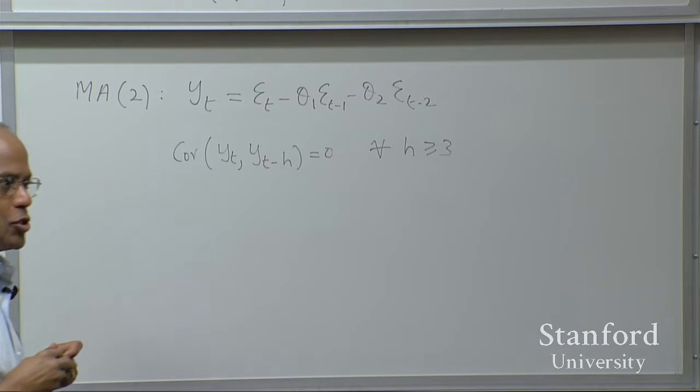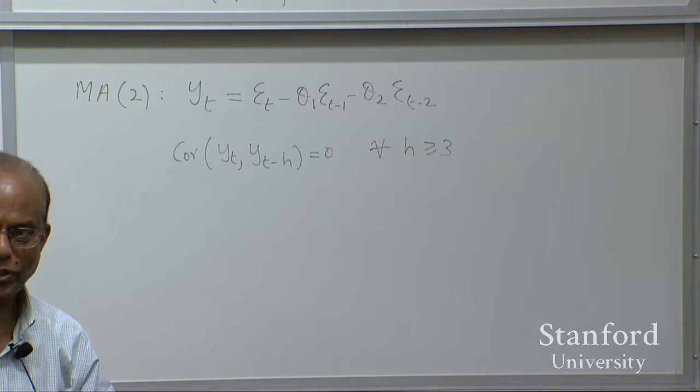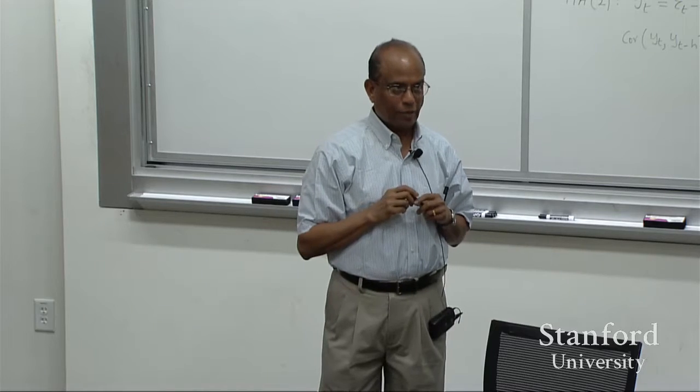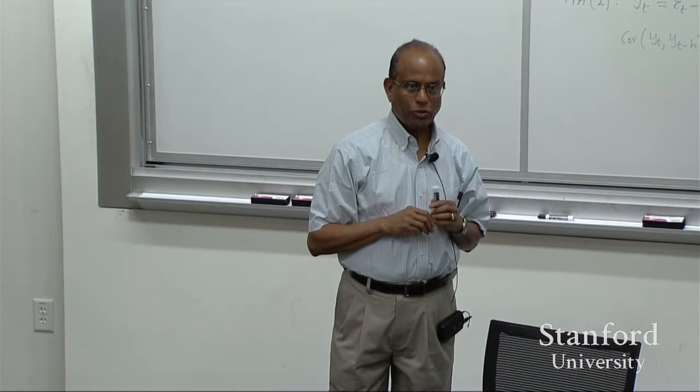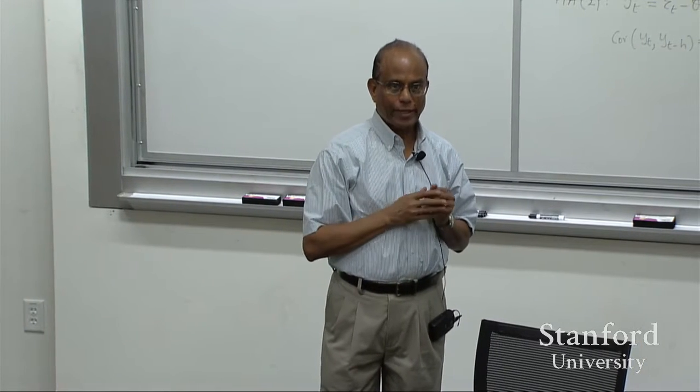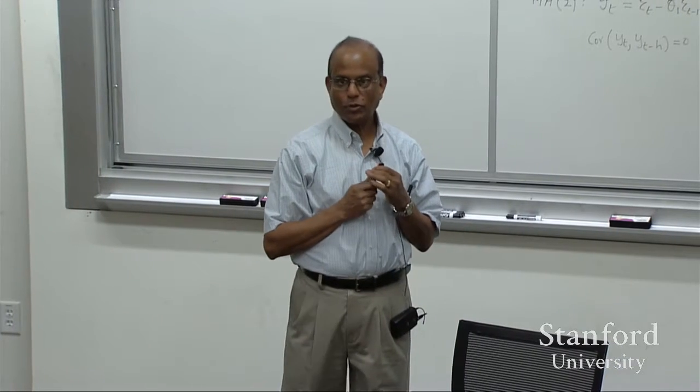So to quickly identify whether you have a moving average process, you can use the autocorrelation function to decide how many lags you want to include.